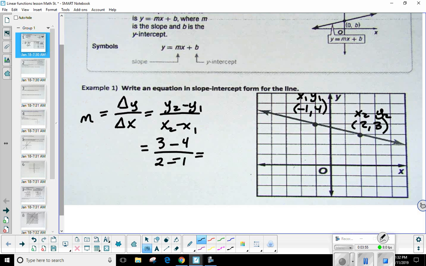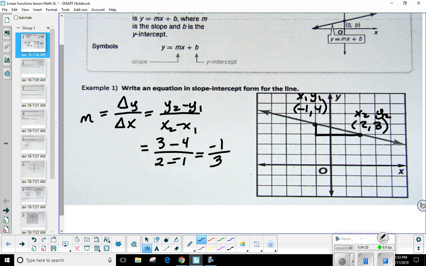So we should know it's going to be negative. But that does give me -1 over 3. Remember what happens when you subtract a negative? Yeah, it just turns to addition. So the 2 plus 1 gave me the 3. Now, if you like the formula, absolutely. If I have the line in front of me, what I like to do is just find it visually. I create a right triangle getting from one point to the other.